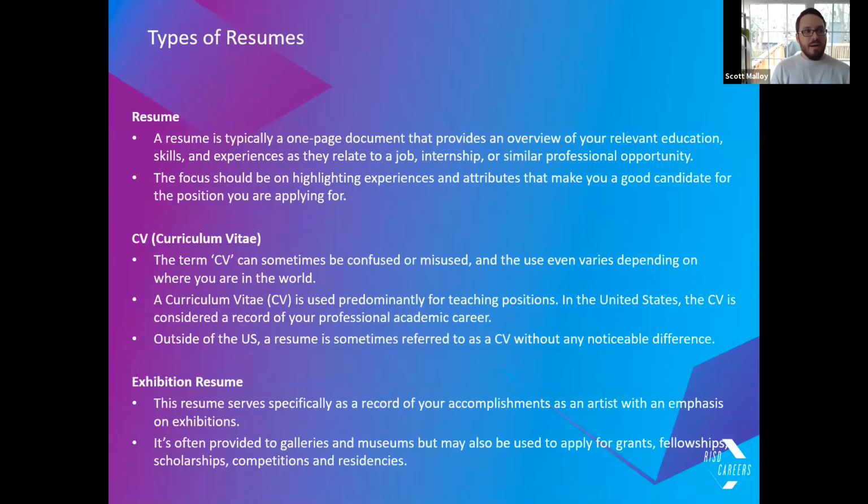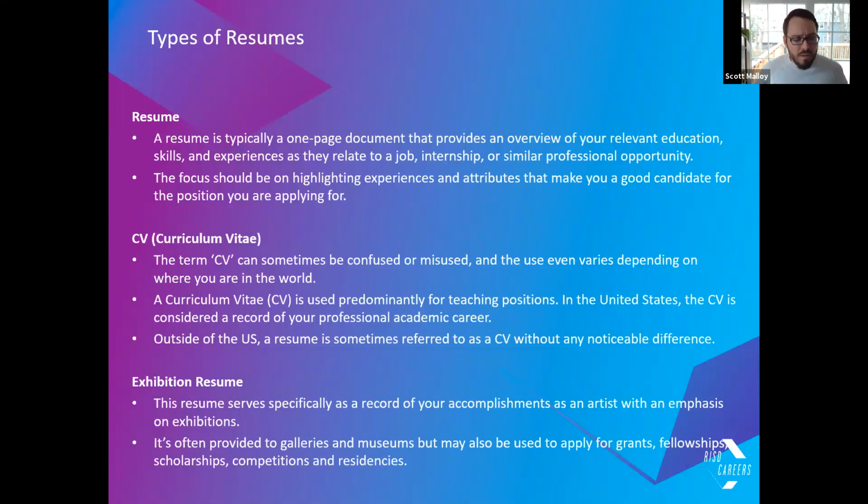Having said that, as you probably noticed in the way we were showing different types of resumes there, one of the things that's important to keep in mind is that there are different kinds of resumes for different purposes. So I think it's a good starting point to think of those different types of resumes and consider what resume you might be creating for the purpose that you're using it for, right?